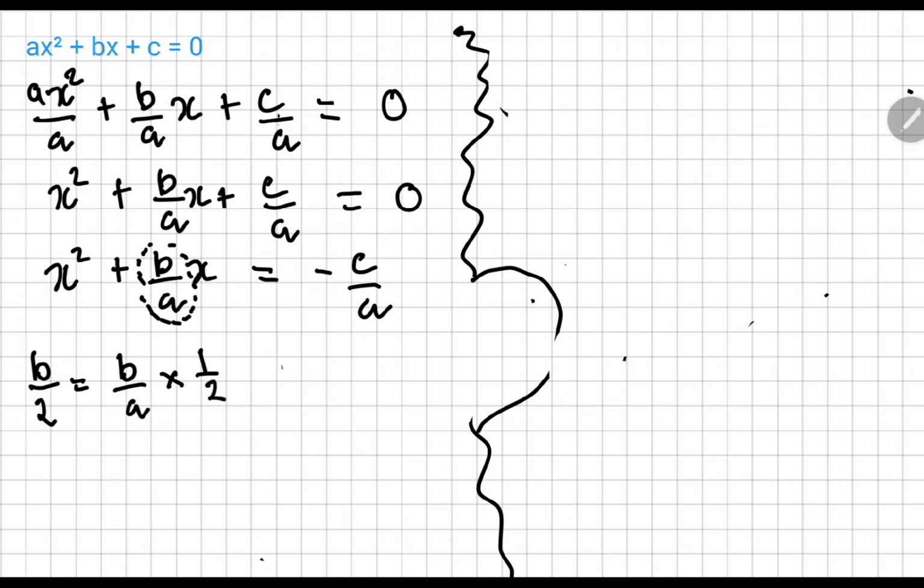Change division sign to multiplication, invert the 2 over 1, and you end up with b over 2a. So b over 2 squared becomes b over 2a squared.